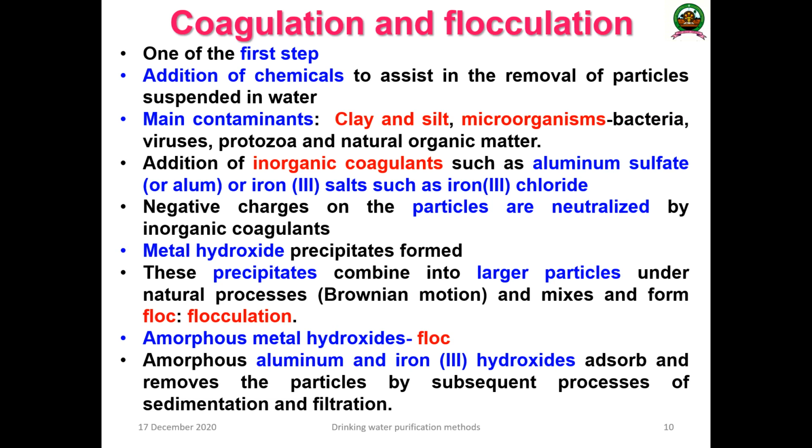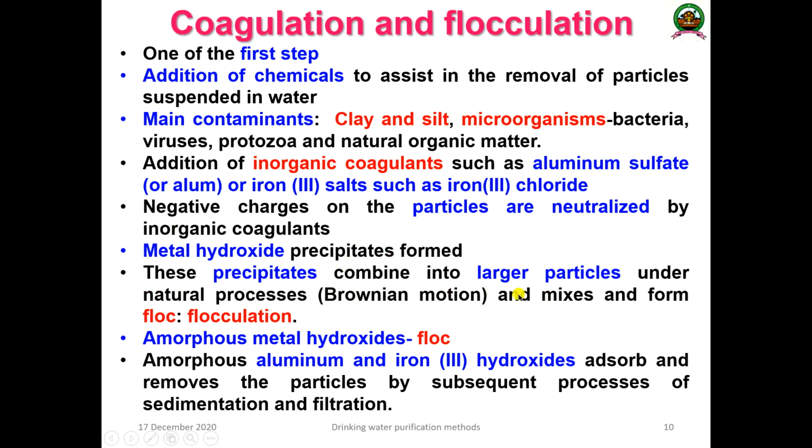And finally, what will happen? Metal hydroxide will be produced, and this metal hydroxide is known as floc. Once you add a coagulant, floc will be produced. What is this floc? These are metal hydroxide precipitates. And these precipitates combine with the large particles under natural processes such as Brownian movement.